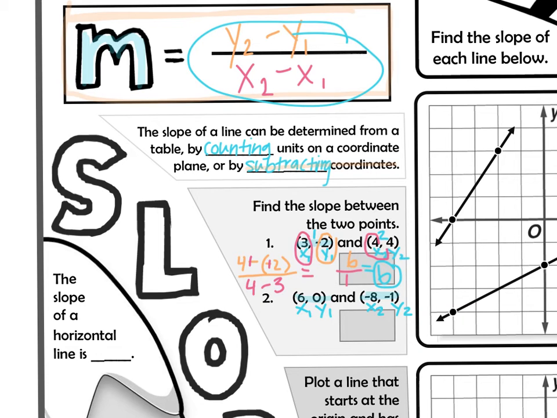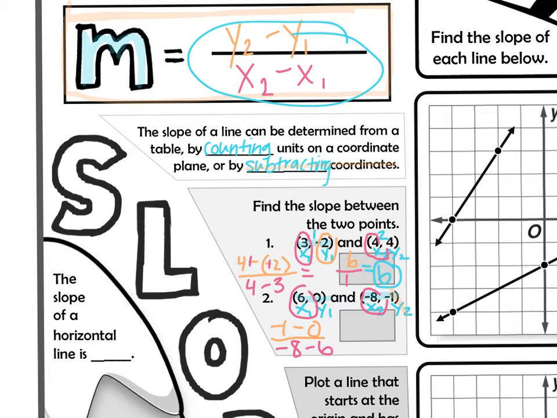So y2 is right here, -1, minus y1, which is 0, over x2, which is right here, -8, minus 6, x1, right here.